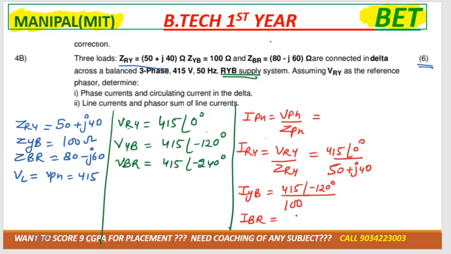IBR is how much? 415 angle minus 240 degree, divided by 80 minus J60. Now solve it, and then you will get IRY, IYB and IBR. Now these are the line currents or the phase currents? These are the phase currents, and we need to calculate the line current also.